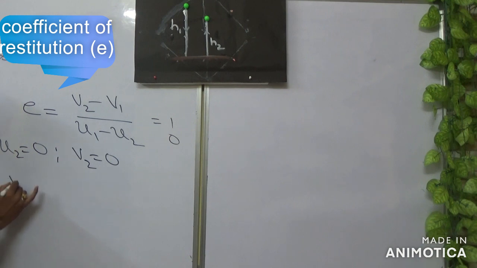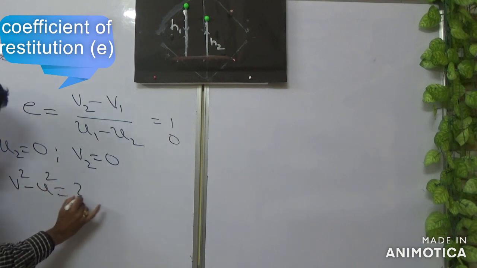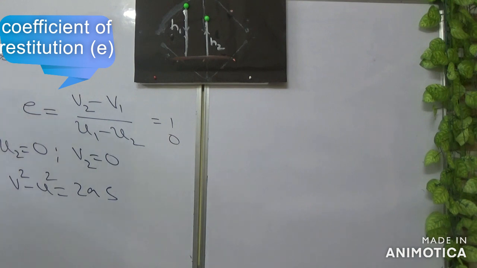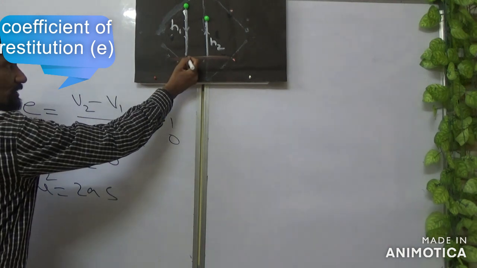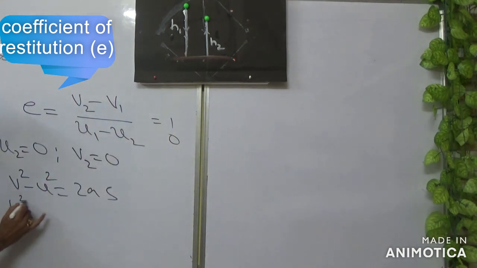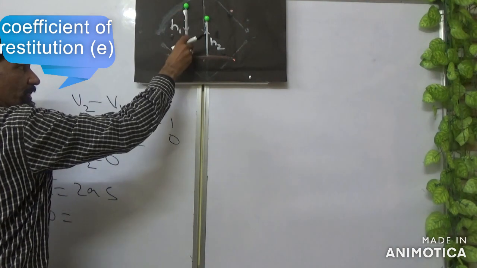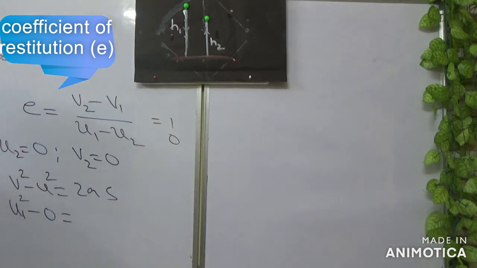Making use of the relation v square minus u square equals 2as, the starting velocity of a freely falling body is 0, so u is taken as 0. v is taken as u1, the velocity with which this body strikes the surface, which is the starting velocity of the first body.